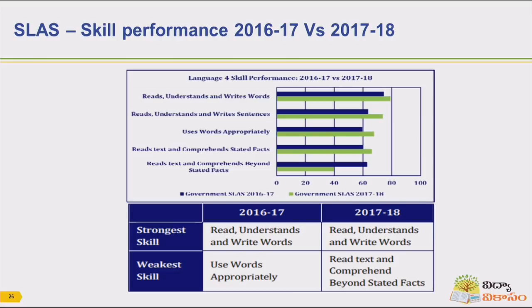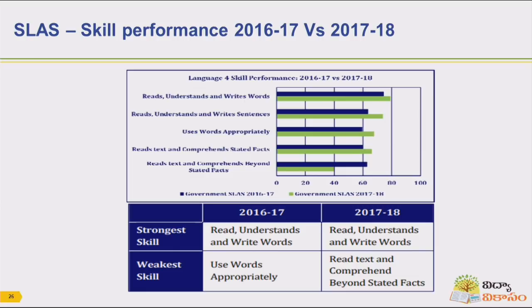Let us see the skill performance compared to the previous year, 2016-17 and 17-18. If you compare these 2 years, both government and private schools are performing well, with a slight improvement in performance levels, not drastic improvement.